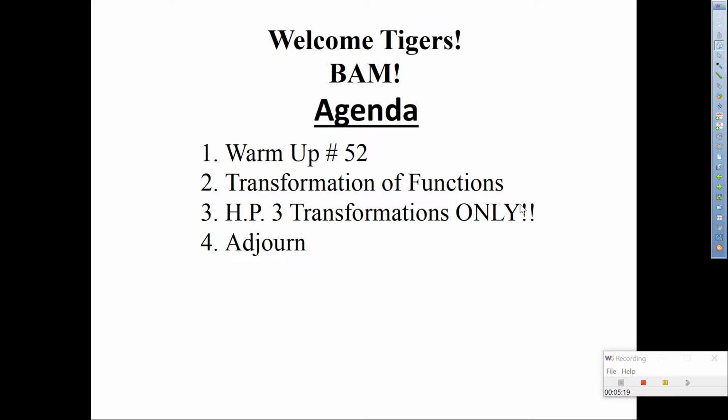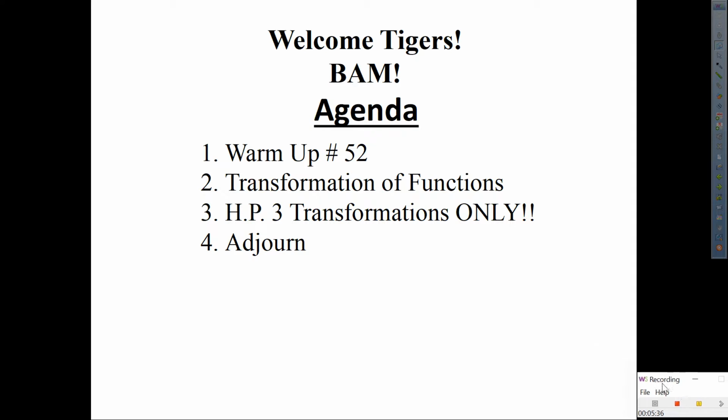Copy the agenda for today. Warm-up number 52, we finished. We're still with transformation of functions, and today your homework plays 3 transformations only. So as we're approaching the different parameters, today we're going to add one more. That's why I asked you to get a couple of those graph papers, because we're going to need them.